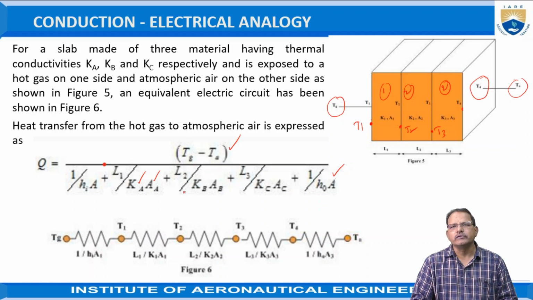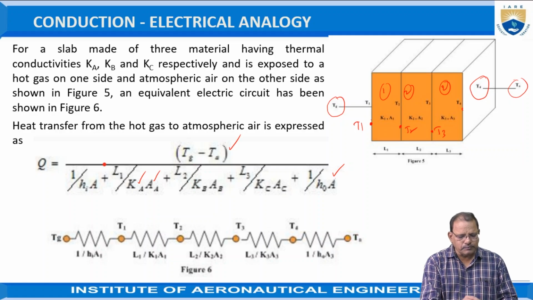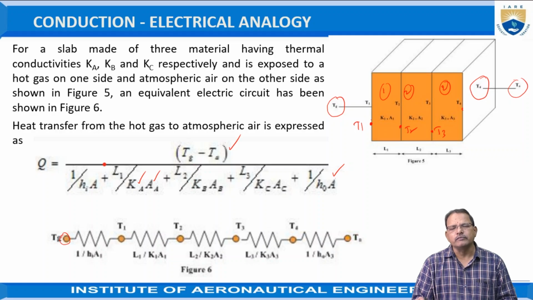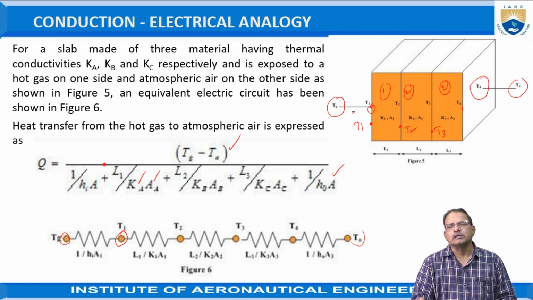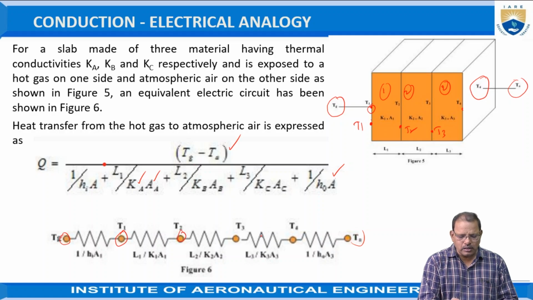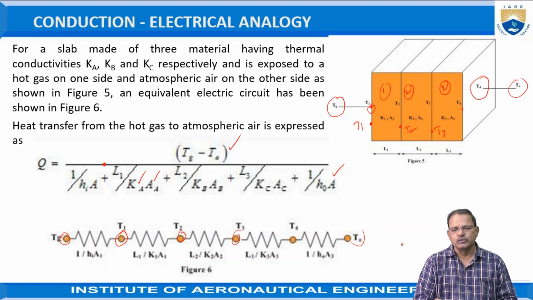Representing these equations with the electrical analogy, T alpha is the inlet temperature, which is the higher temperature, and Ta is the atmospheric air. At the junction, T1 is the surface in contact with the hot fluid, as we already discussed. Now T2 and T3 can be represented.